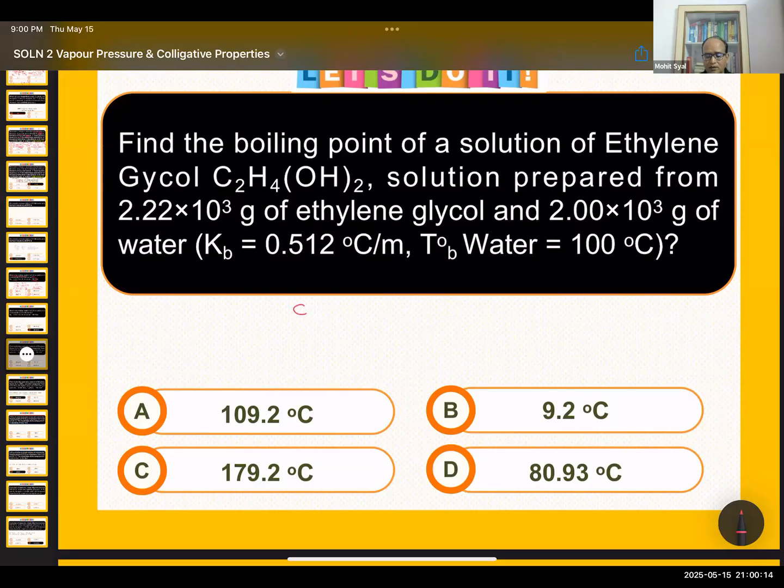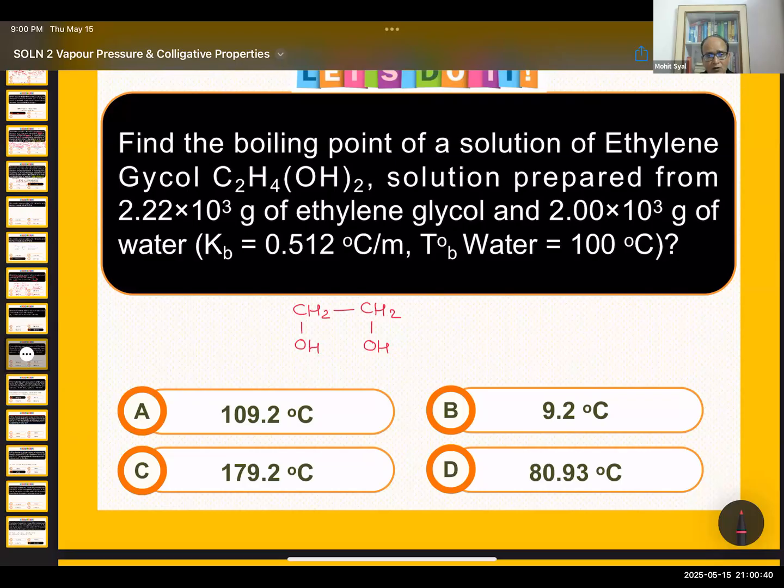There is a theoretical question also related to ethylene glycol. This is ethylene glycol. Let me remind you, if you talk about the common name alkylene, alkylene means two same groups connected on adjacent carbon atoms.